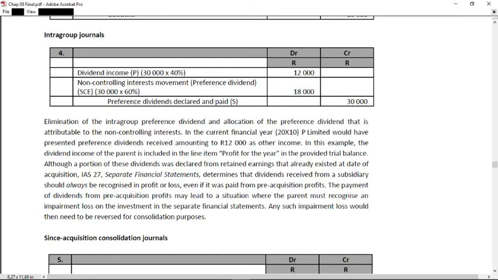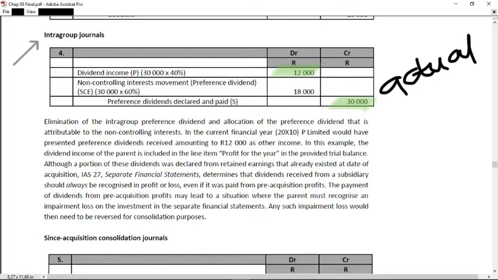The only consolidation journal entry that we haven't looked at yet is the intra-group journal, and the only intra-group transaction identified in this example was the preference dividend declared and paid by the subsidiary. This is now where you work with the actual dividend declared. That's why you eliminate the full 30,000 Rand dividend declared and paid by S against the 40% dividend income recognized by the parent.